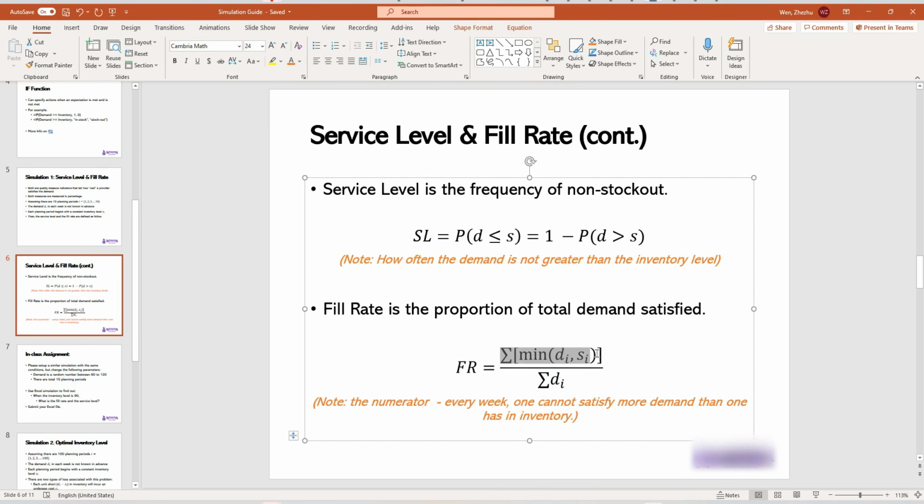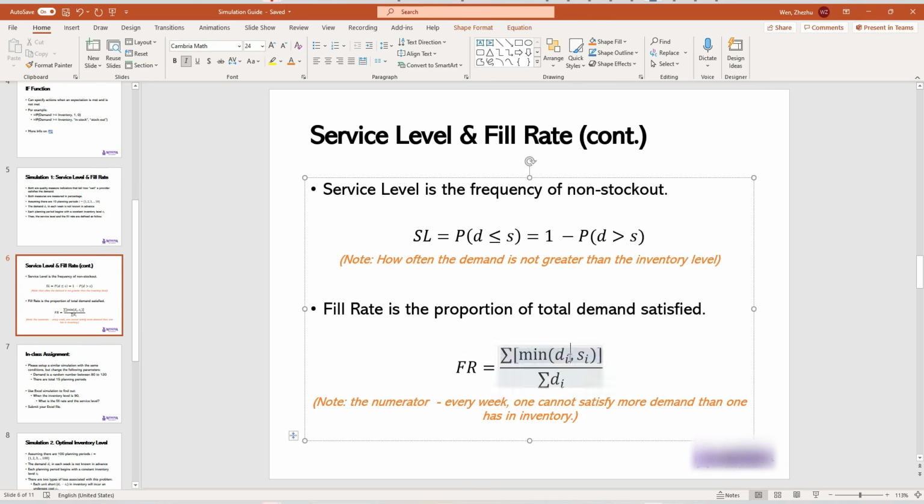And here, it's a summation calculation. You're summing the smallest number between D_i and S_i, meaning whichever number is smaller in each period, you consider that as the demand satisfied. That makes sense because you cannot satisfy more demand than you have in inventory. If your demand is 10 and inventory is 8, there's a stock out situation, and you only fulfilled 8 because you only have 8 in inventory.